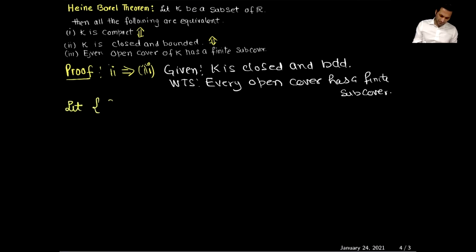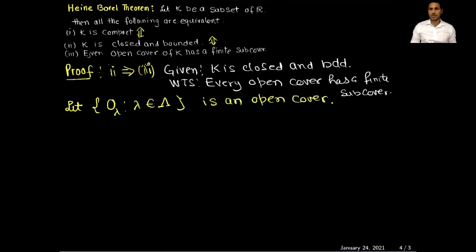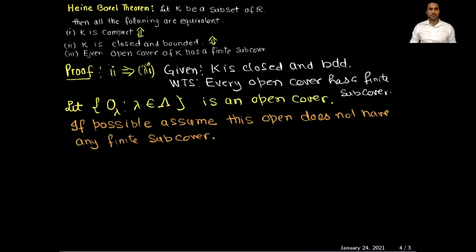Let O_lambda, where lambda belongs to some index set A, be an open cover, and we want to show that this open cover must have a finite subcover. So I will prove this result by the method of contradiction. For that I will assume that this open cover has no finite subcover, and I will bring some contradiction to this statement. So now we will use what is given.